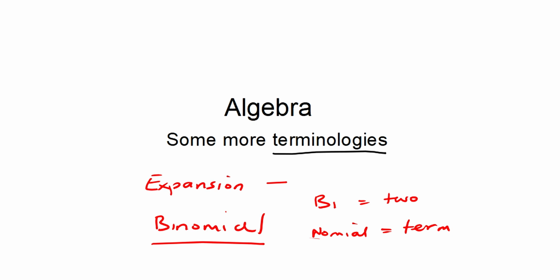Therefore, binomial is an algebraic expression with two terms. Okay, binomial, two terms, as simple as that.